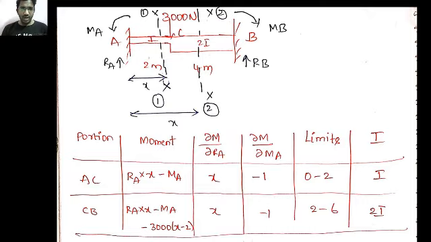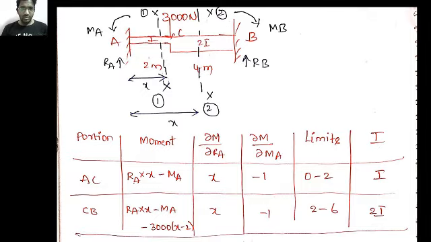While you go for the second section, the CB portion, what are the forces and moments at this particular section? Same thing, RA into x. Along with the reaction, the anti-clockwise moment also comes, so minus MA. Along with that, the 3000 Newton load is also coming.